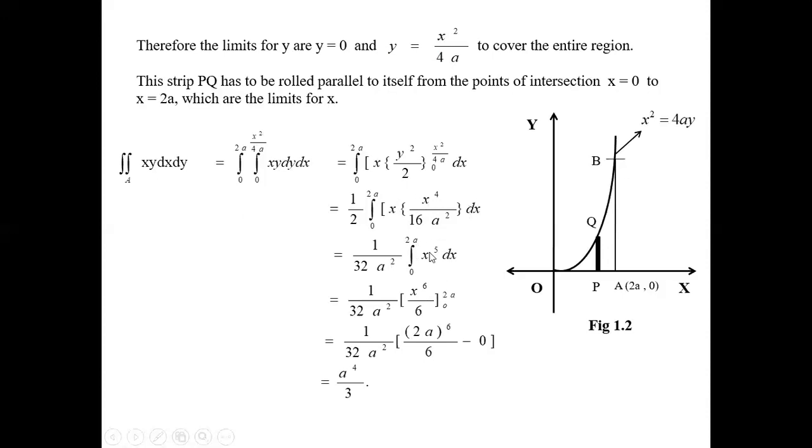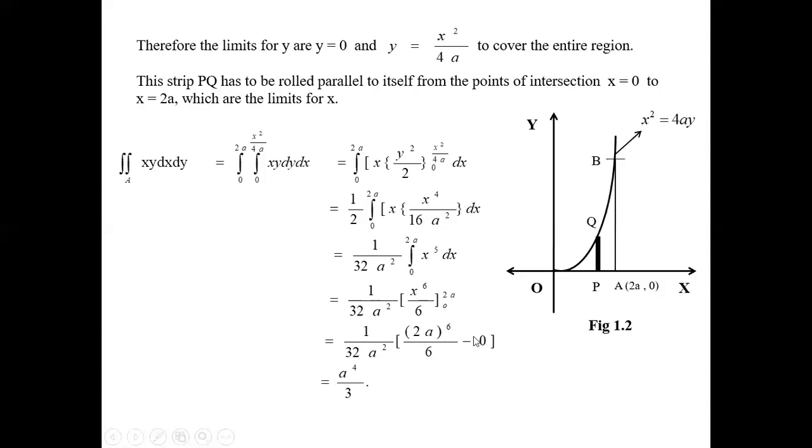Then when you integrate this value, this becomes 1 upon 32a square. This becomes x to the power 6 upon 6, that is between the limits 0 to 2a. Put the limits and go on simplifying. 1 upon 32a square, then this is 2a to the power 6 upon 6, then minus the lower limit, which is equal to 0.